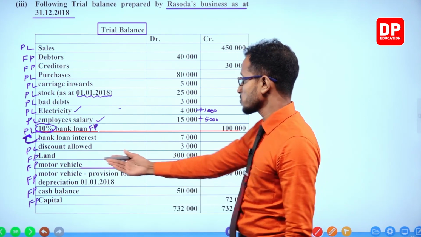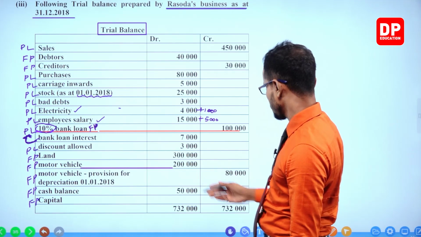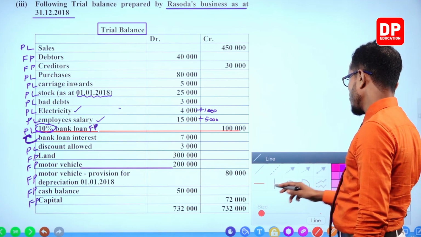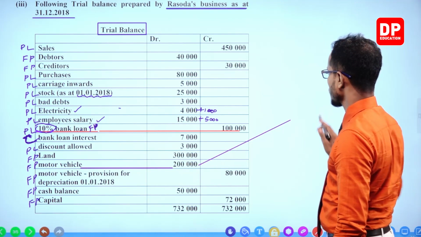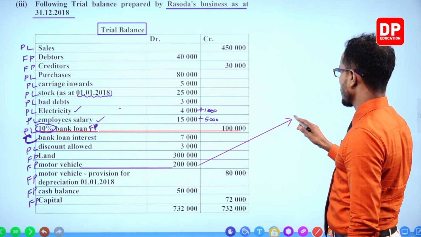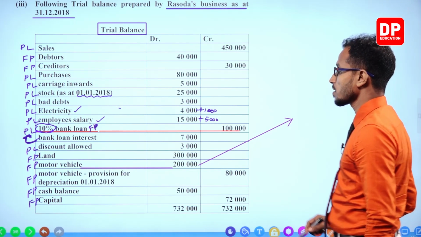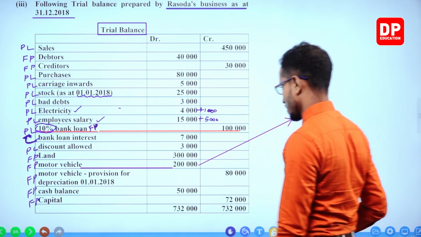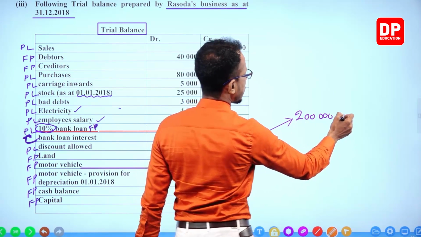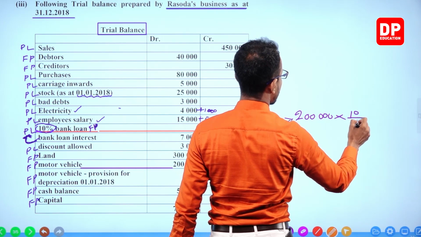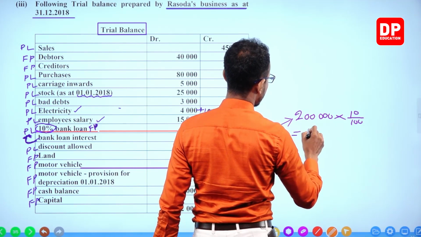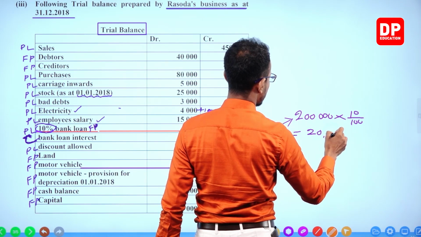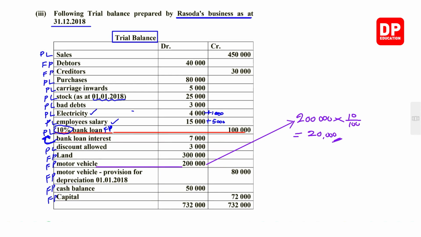Take that 200,000 and depreciate 10%. 200,000 into 10%, 10 over 100. Answer is 20,000.